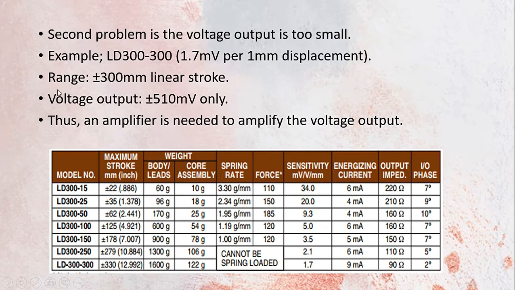So we can find the output voltage by multiplying it by the sensitivity. Plus minus 300 millimeter times 1.7 millivolt, and we get plus minus 510 millivolt only. Thus, an amplifier is needed to amplify the voltage output.